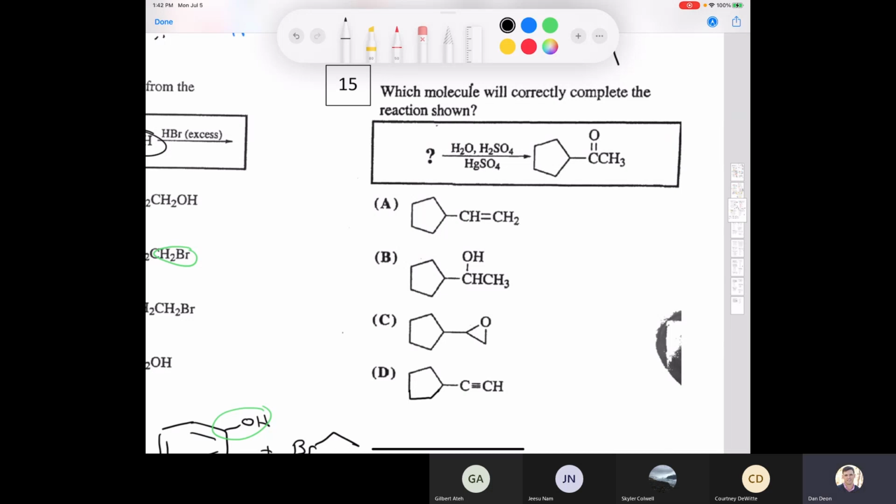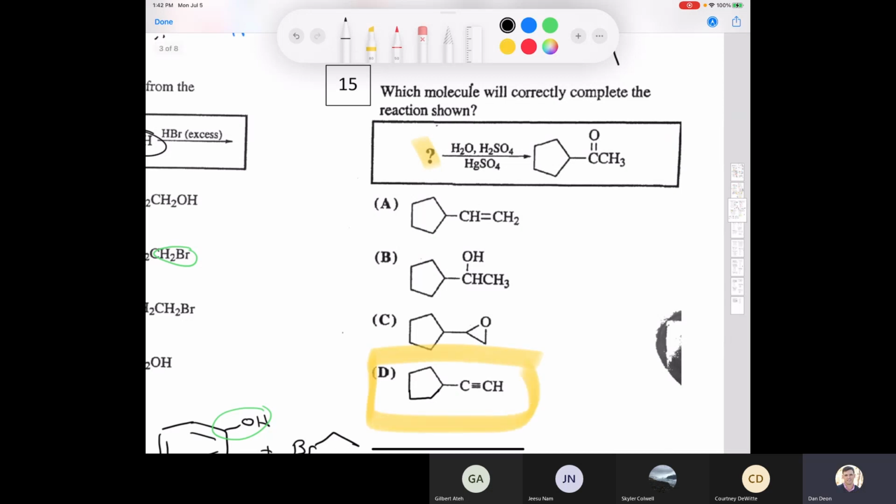All right, we're taking something, and we're treating it with water, sulfuric acid, and mercuric sulfate, and we're making a methyl ketone. Does anybody remember what the starting material would be? We have 4 functional groups in the 4 possible answers. Yeah, the answer is the alkyne, right?